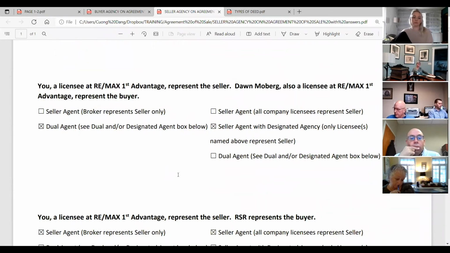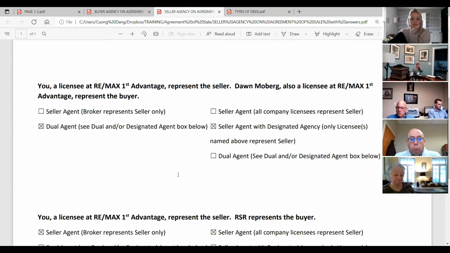You, a licensee at RE/MAX First Advantage, represent the seller, and Don Moberg this time represents the buyer. You're both in the same company, so the same company is now the dual agent on the left side. On the right side, RE/MAX First Advantage designates you to represent the seller and designates Don Moberg to represent the buyer.